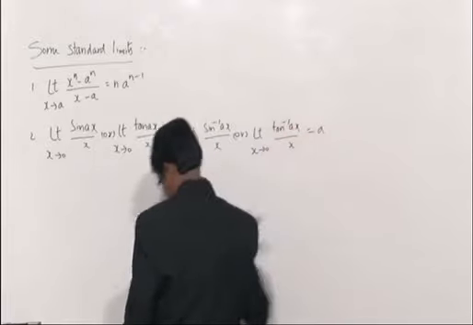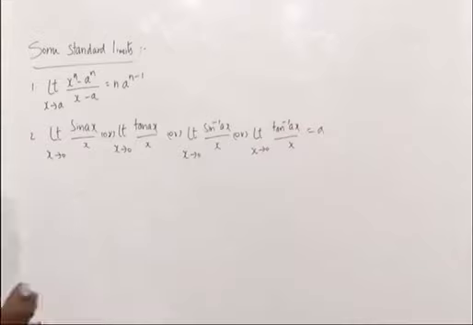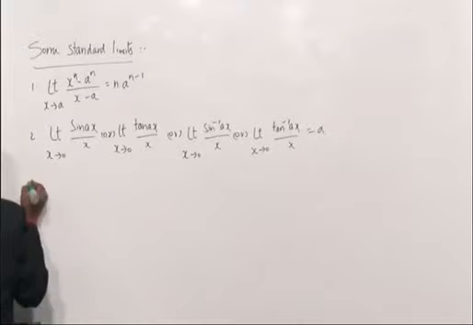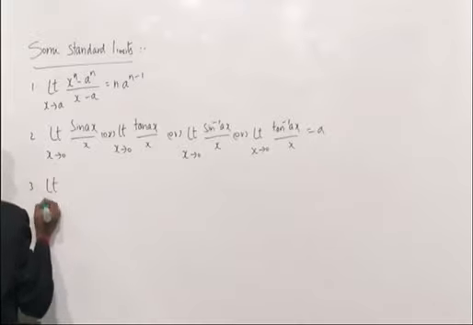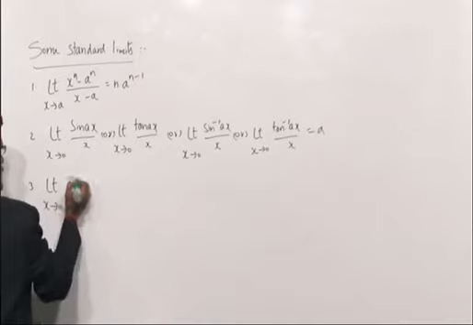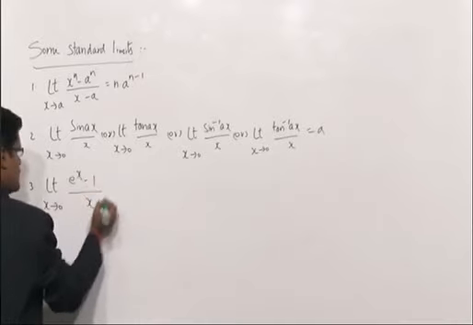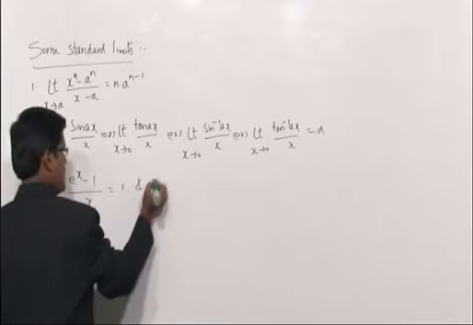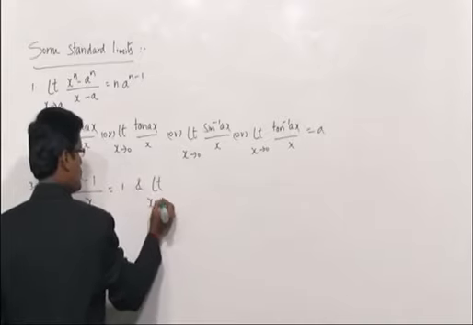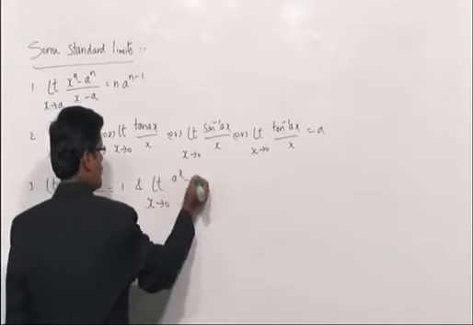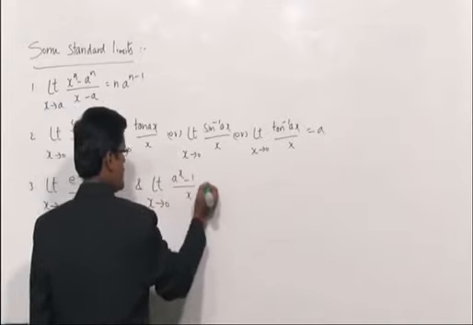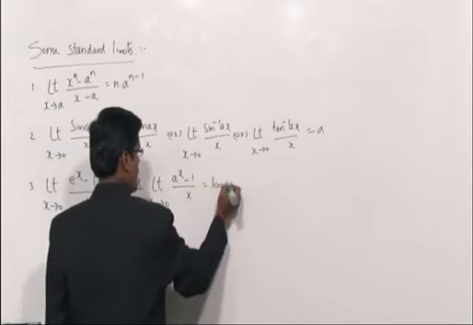All are equal to a. Limit x tends to 0 of e power x minus 1 by x is equal to 1, and limit x tends to 0 of a power x minus 1 by x is equal to log a to the base e.